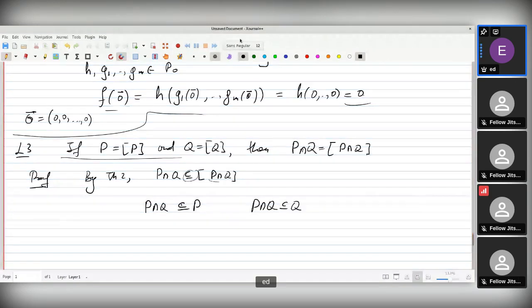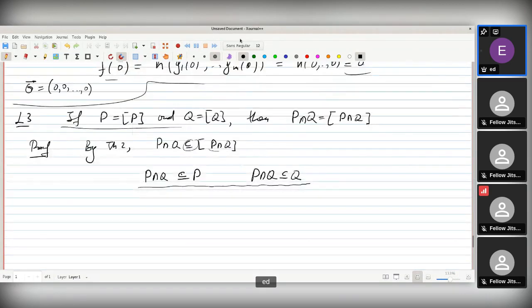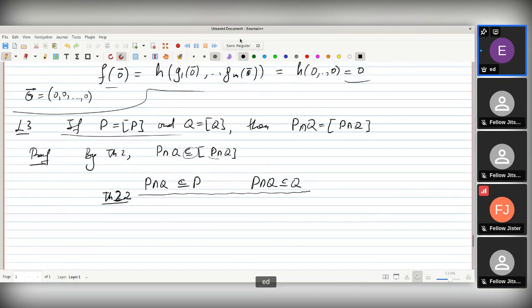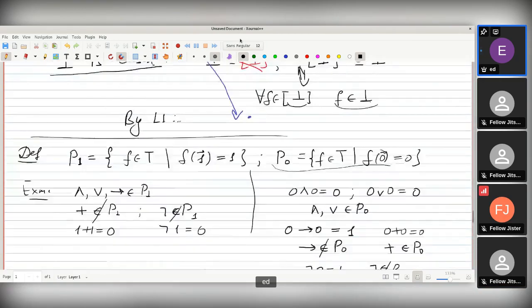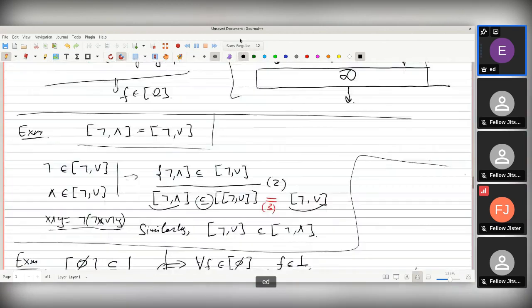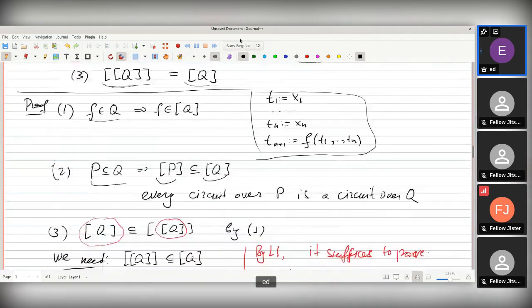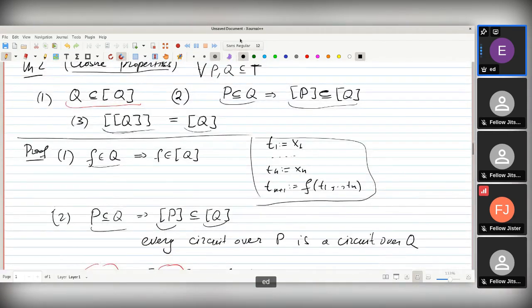I hope you have understood what set intersection is. Apply theorem 2, claim 2, that is the monotonicity claim. That is, the closure of a greater set is generally greater.